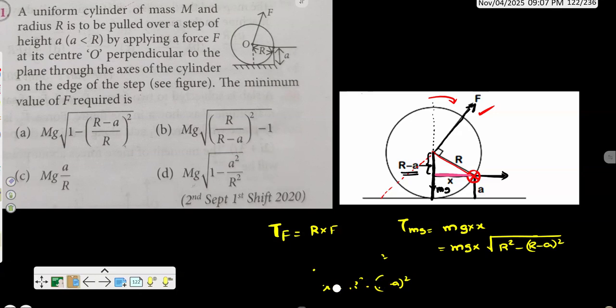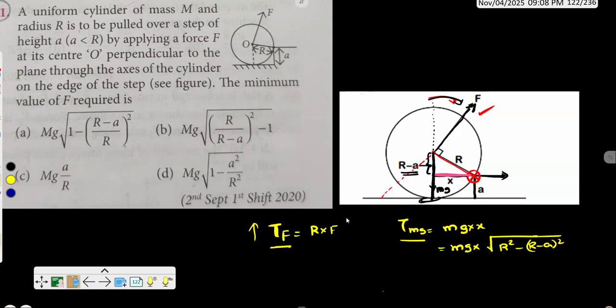So he asks, what is the minimum amount of torque that is required to rotate it over the step? The minimum amount of torque means this torque and this torque must be equal. Actually, this torque must be a little bit greater than that torque. The minimum value means they both must be equal, because this force is trying to make it go up the step and this mg is trying to make it go backward.